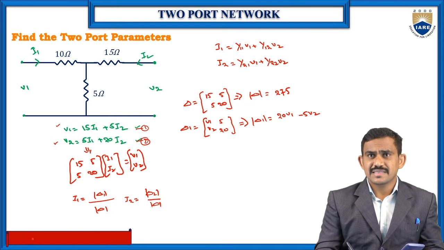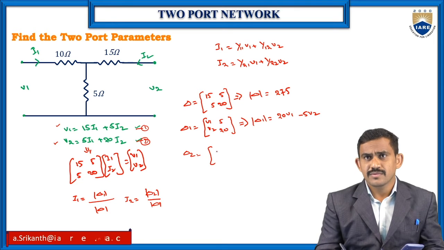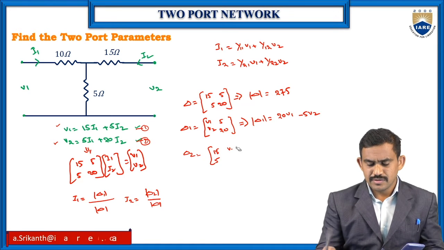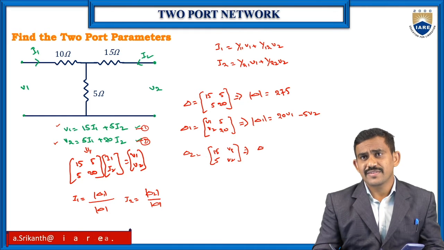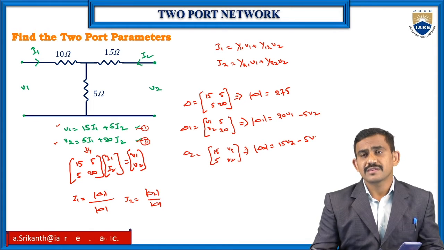Next, delta 2: again 15, 5 as it is, remove the I2 column and substitute V1, V2. Then delta 2 is equal to 15 V2 minus 5 V1.